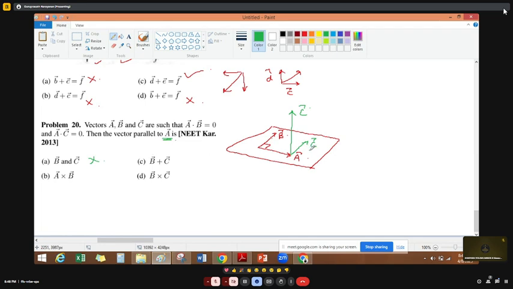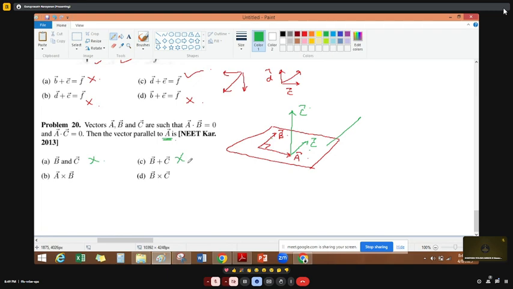If I add B and C here, B plus C will be somewhere along this plane, which means it will not be parallel to A. And if I added this B and this C, it will be somewhere coming out of this thing. It will not be parallel to A. So that means I would eliminate B and C. Think a little bit, you will get the idea.